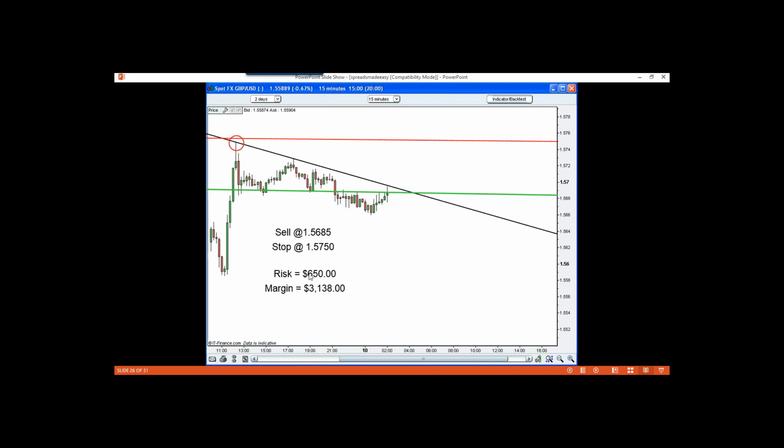I don't want to risk more than $650 on this trade. So if it goes against me, I'll let it go against me $650 and I'll get out right here at this line. So I'm entering right here to go short. But if it goes all the way up here against me, I'm going to get out right here because I don't want to lose more than $650. Does that make sense?